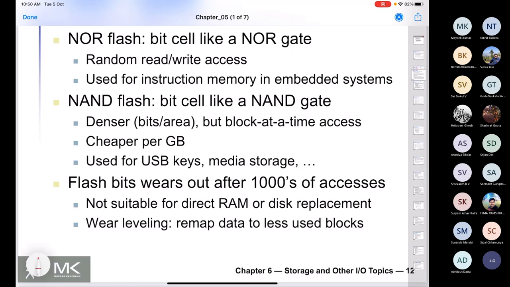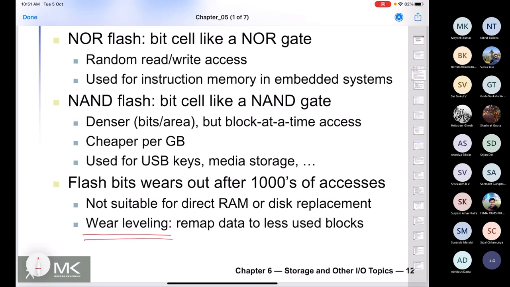The second principle is a very interesting concept. They use something called wear leveling. They keep track of which portions of memory have been accessed very often, and how many times, and they try to distribute the reads and writes uniformly over the entire chip, so that no portion of the chip is accessed too many times. It should not happen that some portion has been accessed 10 to the power 5 times and some other portion has not been accessed at all.